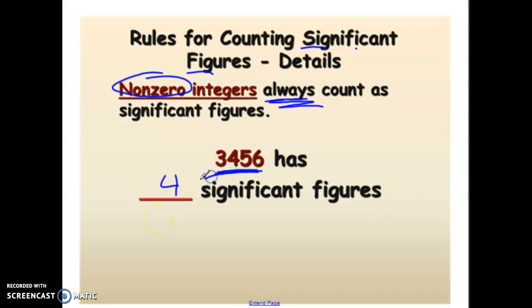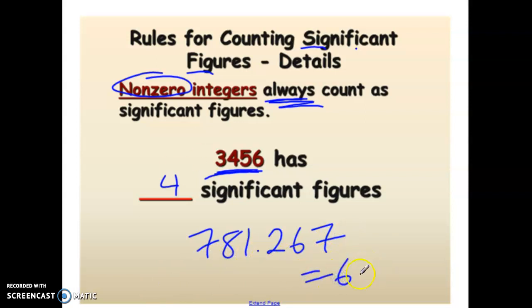All of these numbers are significant because they're not zeros. Even if I had something like 781.267, all of these are not zeros, so all 6 of these numbers would be significant. We'll call them sig figs.